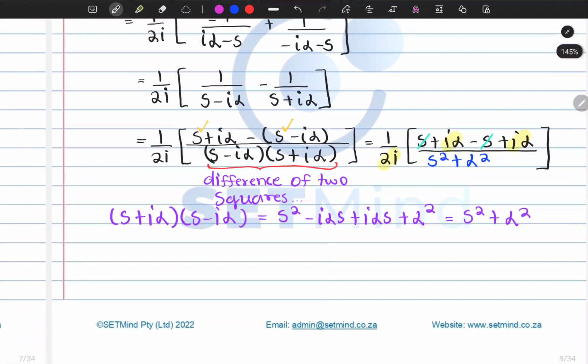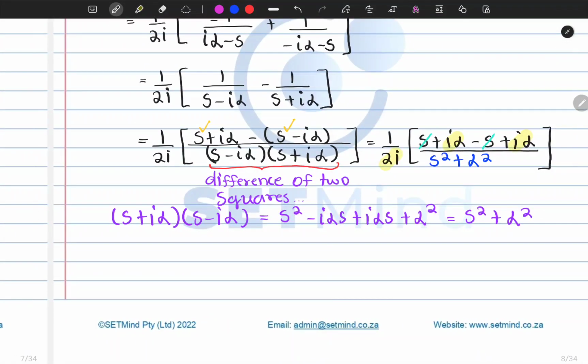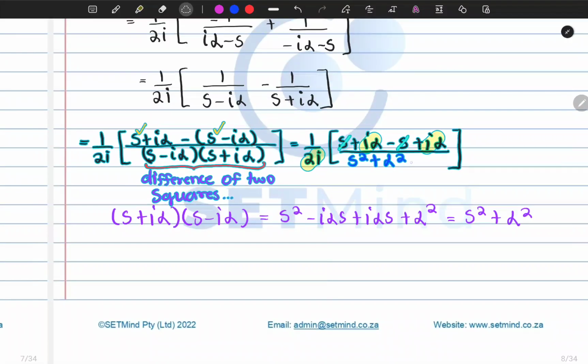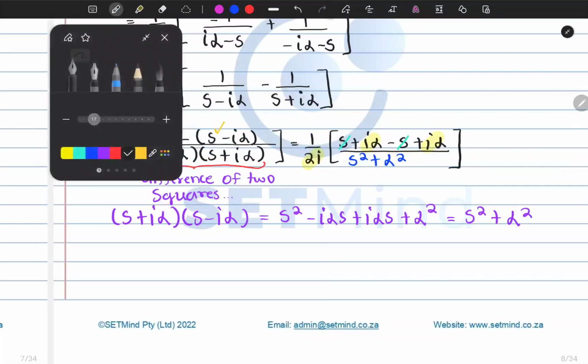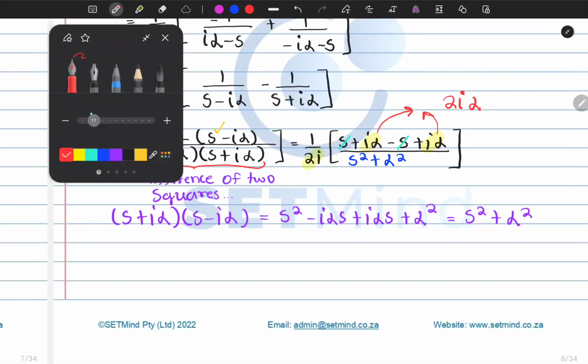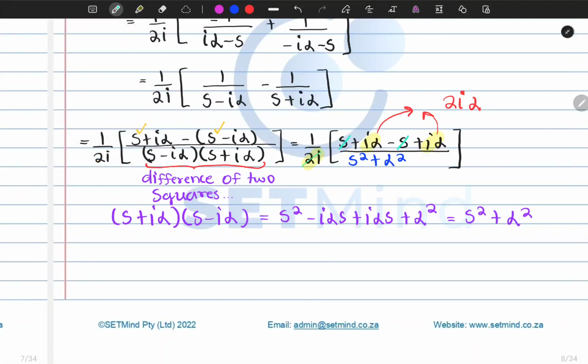So essentially, if you look at our problem, let me make one more line there so that you are not confused in any way. This term and that term are going to add up and give you 2i alpha. So the 2i from the bottom will cancel with this 2i, which is there.